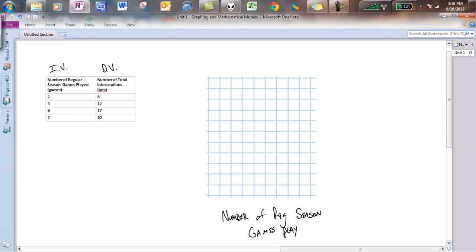That is the variable, and of course you put the units in parentheses, which is going to be games. On the y-axis, we're going to do the same thing and write down number of total interceptions, measured in interceptions.